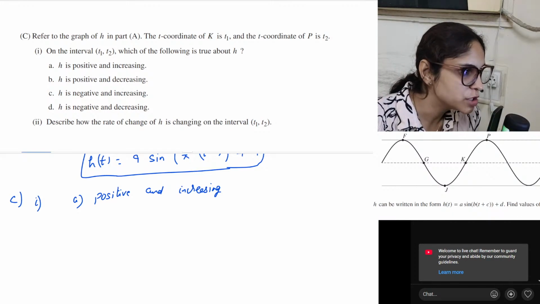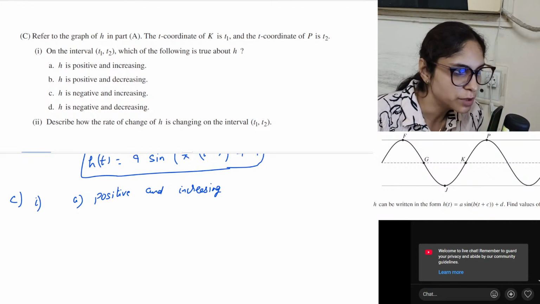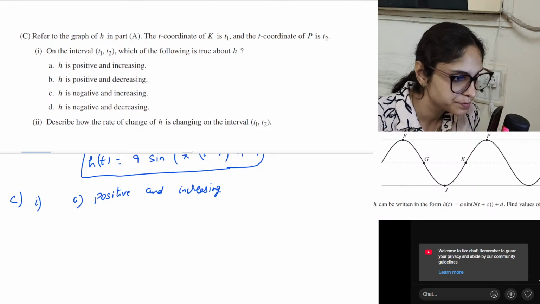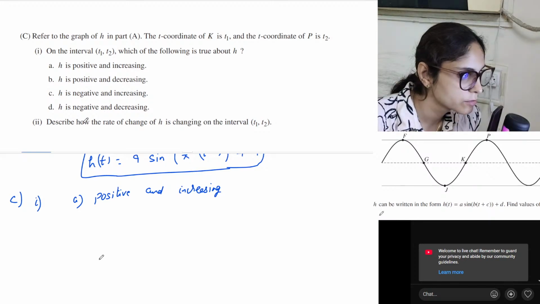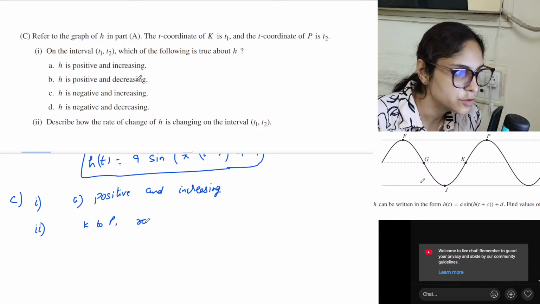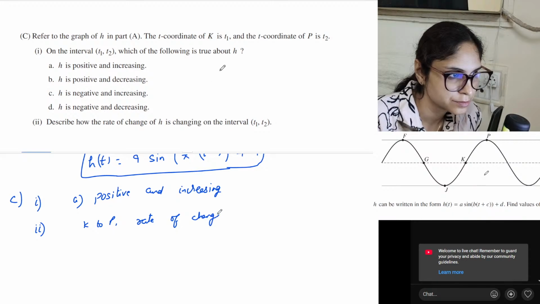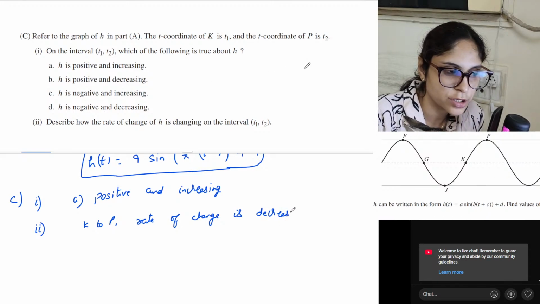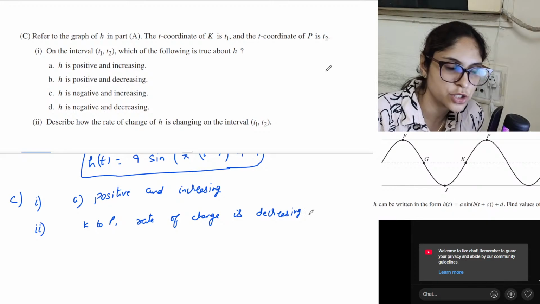Describe how the rate of change is changing. So if you look at from K to P, it is concave down. K to P, rate of change is decreasing. And why can we say that? Because it is concave down, and concave down means rate of change is decreasing.